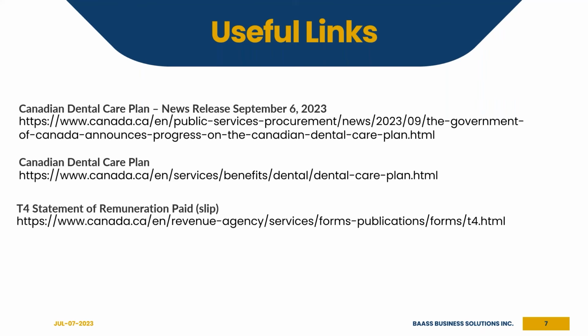Thank you. All right, so before I actually open up Sage 300 and show you where you're going to be able to select one of these codes and then perhaps show you what it looks like on the T4 when you're generating T4, are there any questions in the queue? We have 3 questions. The very first is, if we don't offer dental, everybody is code 1. That is correct.